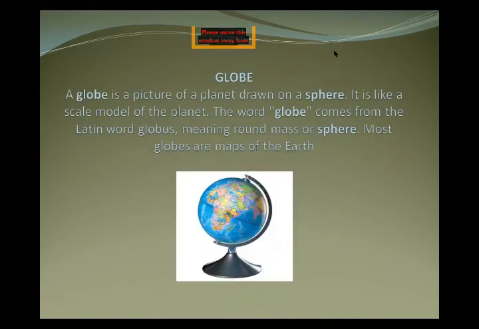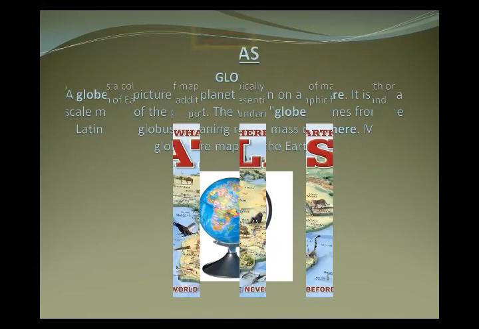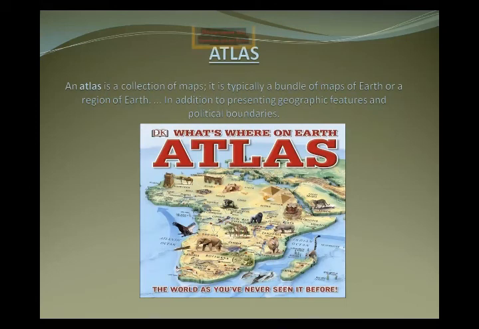Another topic is atlas. An atlas is a collection of books and a bundle of maps, with different types of maps like physical maps, political maps, and some other maps included in atlases.